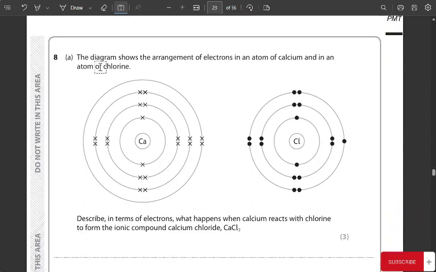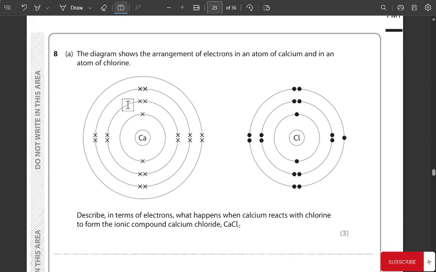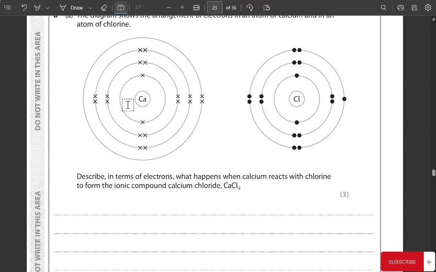And the 8th one. The diagram shows the arrangement of the electrons in an atom of calcium and in an atom of fluorine. Describe, in terms of electrons, what happens when calcium reacts with fluorine to form the ionic compound calcium fluoride, CaF2. If the reaction occurs, we know that calcium is a metal.